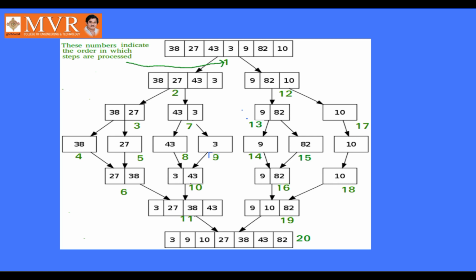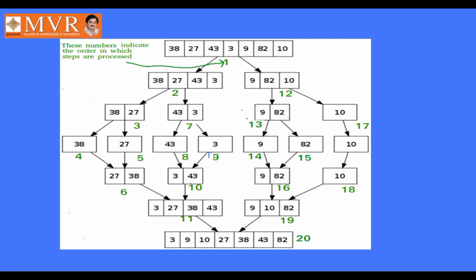Here also see, in the 8th step and 9th step we have single digits 43 and 3. Since they are not in ascending order, I perform the swapping technique on them. Then 3 comes front and 43 goes back, and after that I combine both of them in the 10th step.